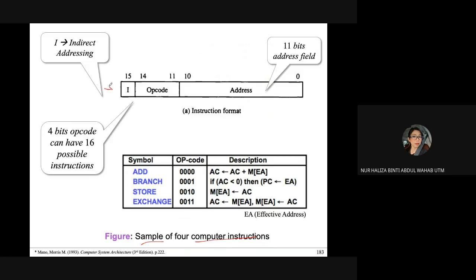This is the normal instruction that you see. You have the opcode, you also have the address. This is the instruction format, the normal instruction format. I is indirect addressing, which means you need to specify the address.